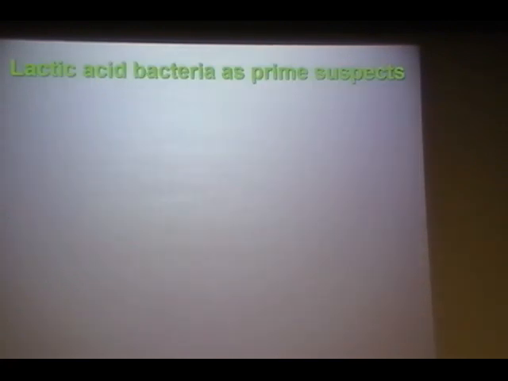Tremendous individual. All right, lactic acid bacteria as prime suspects. This is a heterogeneous family of bacteria. It's not just one bacterium; it's a whole gamut of different streptococcal organisms. And I'm not talking about lactobacilli here.